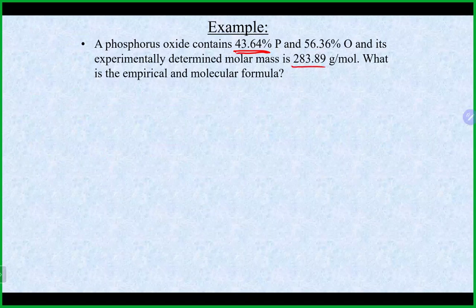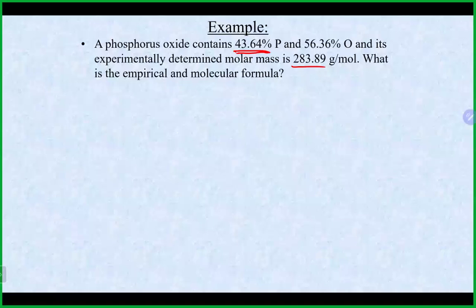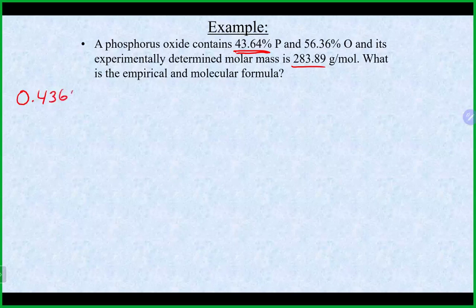So you can convert the percentage into a decimal by dividing by 100 or moving the decimal place, whichever way you like to do that. If you multiply it by the grams from the molar mass here, that will give you how many grams of that is phosphorus, which in this case would be something like 123.89 grams of phosphorus.